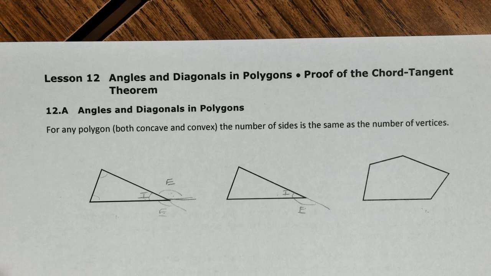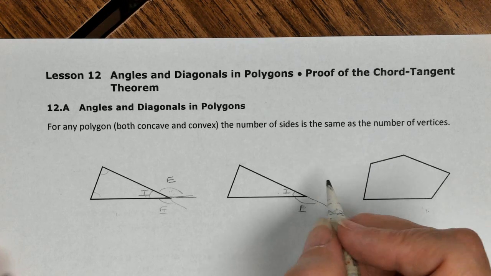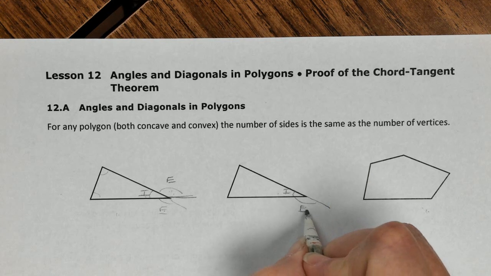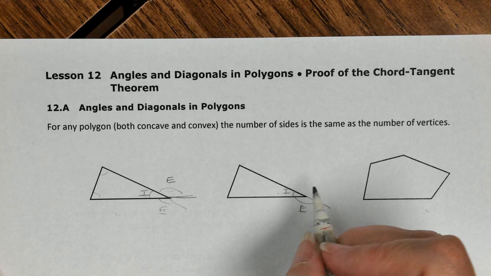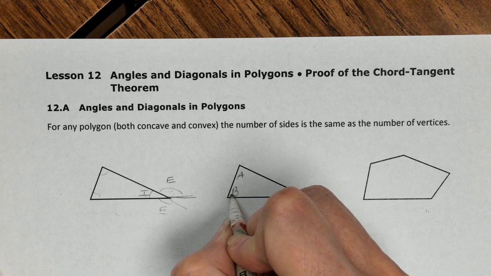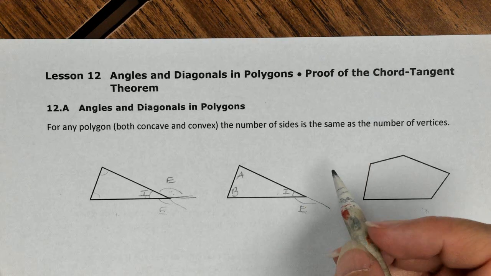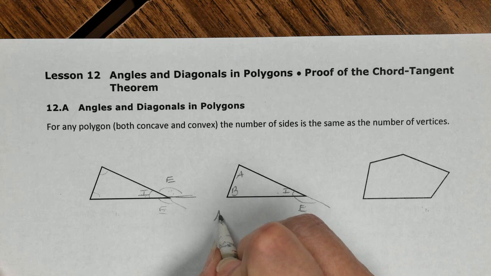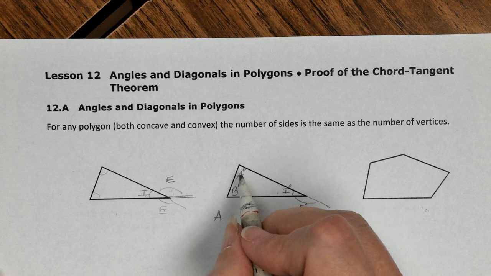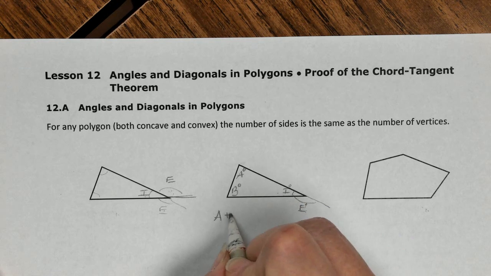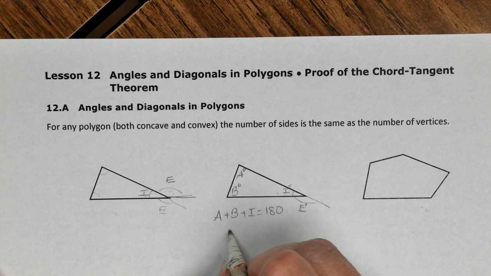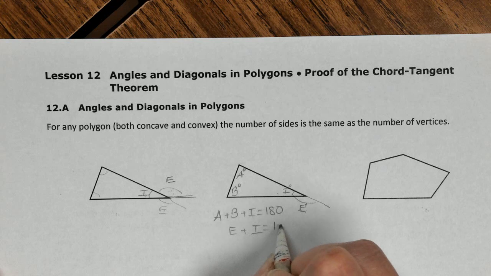And one other thing I wanted to point out with these: we know that that interior angle, which I'll keep calling I, and this exterior angle, E, add up to 180. I'll label these also. Whatever these degrees are, A plus B plus I is 180, but E plus I is also 180.